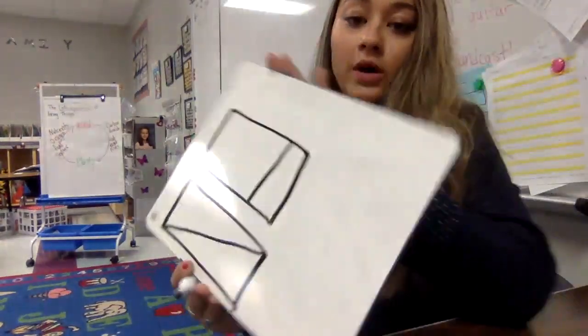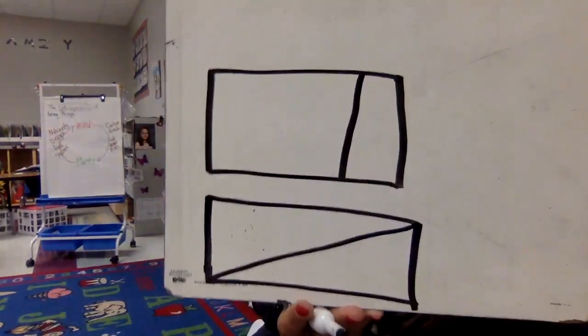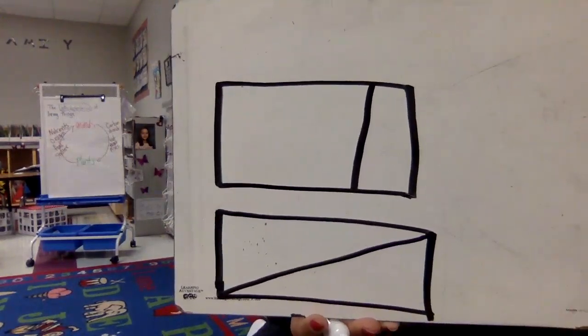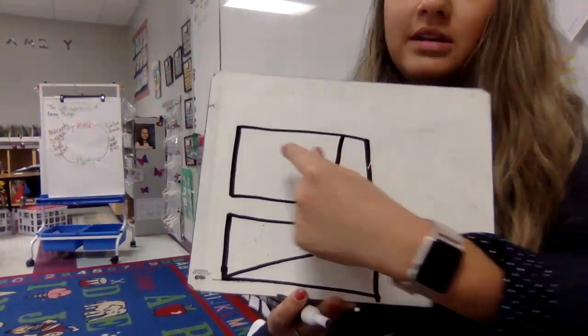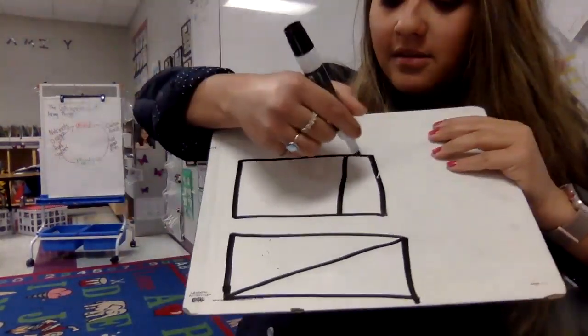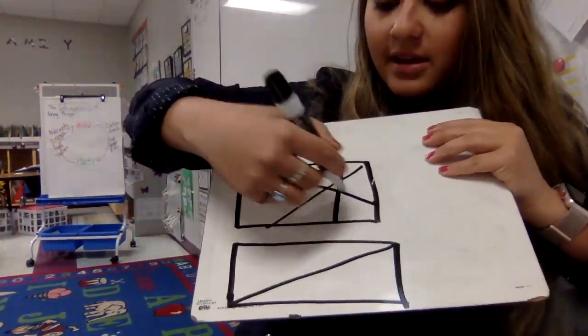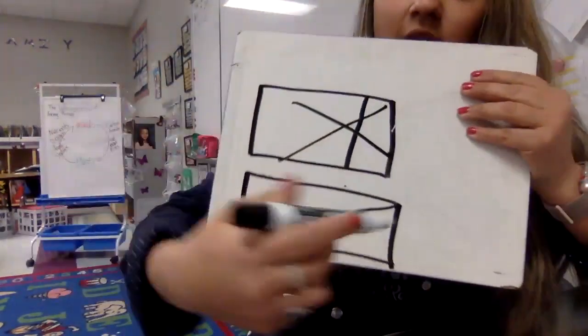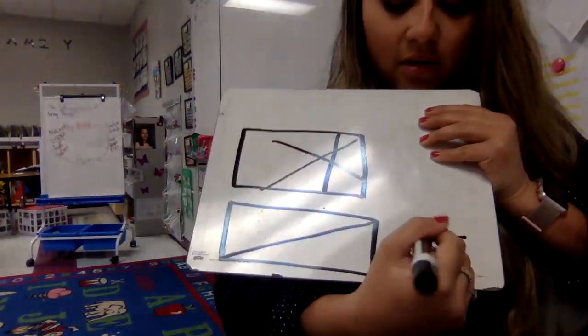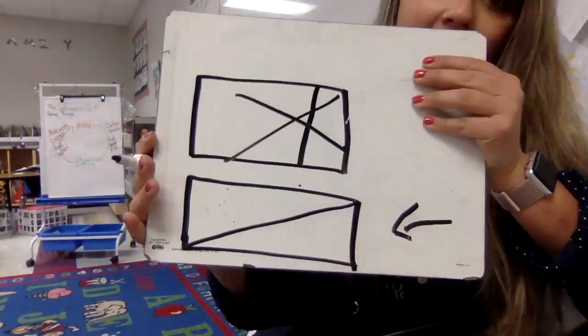Okay, which rectangle shows an example of halves? Remember, halves have 2 equal parts. This does not equal this. So this is not the correct answer. This side is not the same as this. This side does equal this. So this rectangle shows an example of halves.